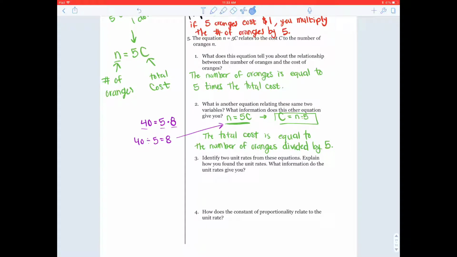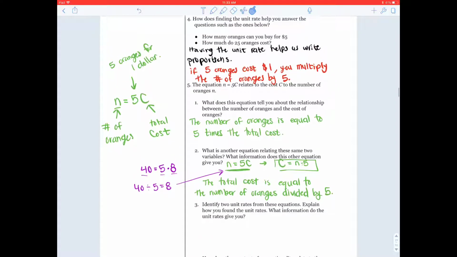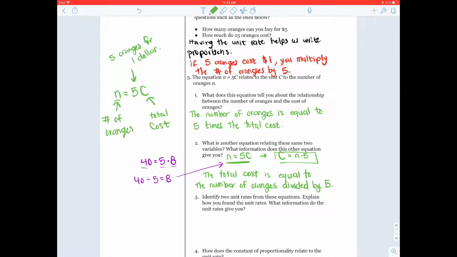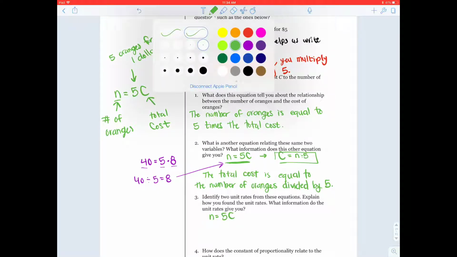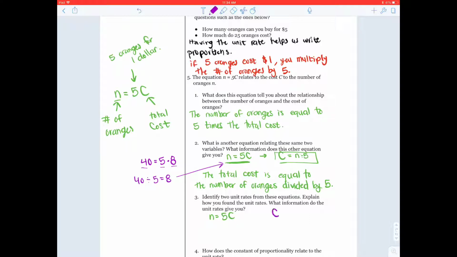Next, it says to identify 2 unit rates from these equations. Explain how you found the unit rates. What information do the unit rates give you? Let's write our 2 equations next to each other. We had n equals 5 times c, and then we also had c is equal to n divided by 5.